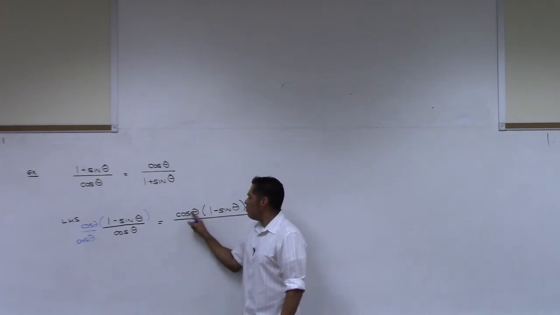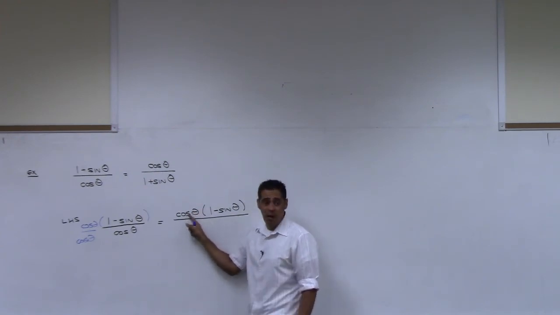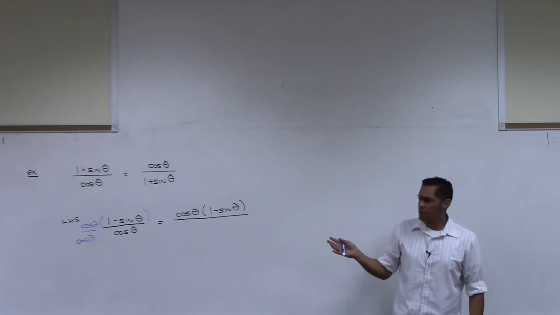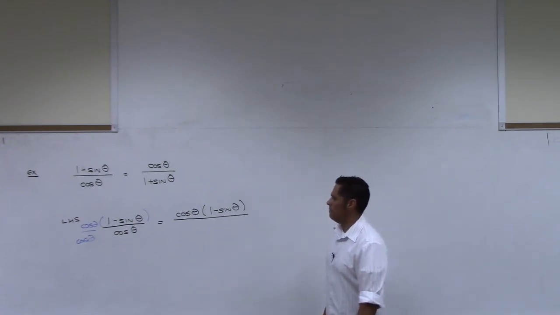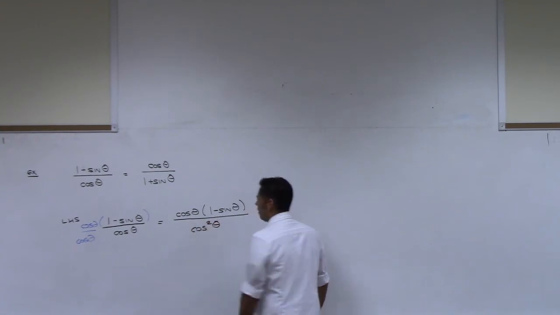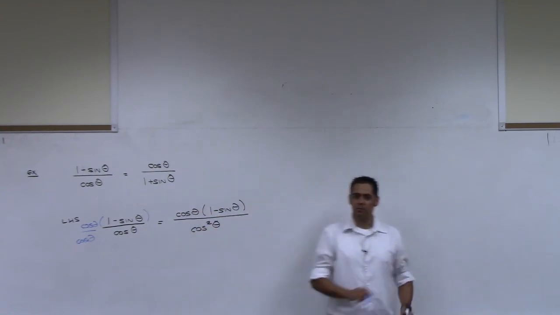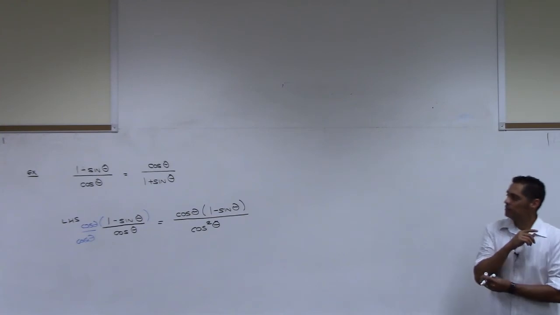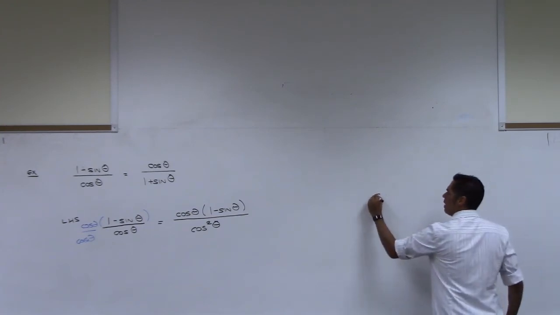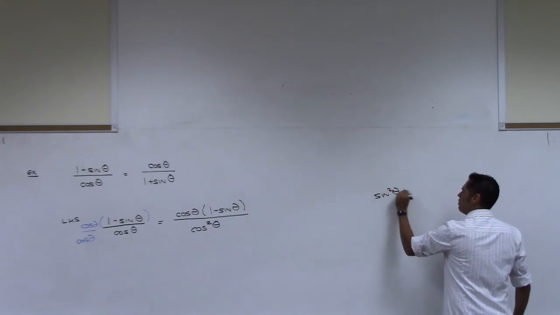If I distribute it through here, it might start getting mixed up with other stuff. So I multiply top by cosine. What about the bottom? Cosine squared theta. Okay, well, I've made the cosine appear. Great, wonderful. You could turn the cosine squared theta into 1 minus sine squared theta. All right, good. So we have the Pythagorean identity, the all-important Pythagorean identity.